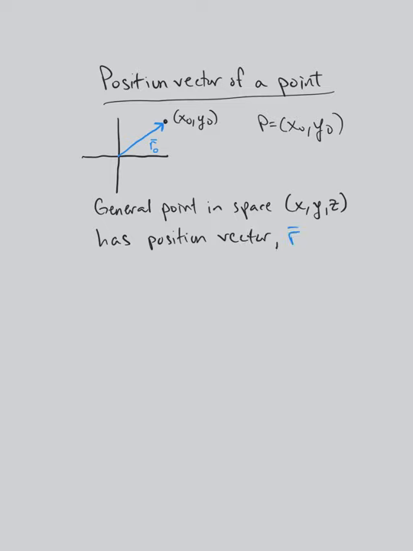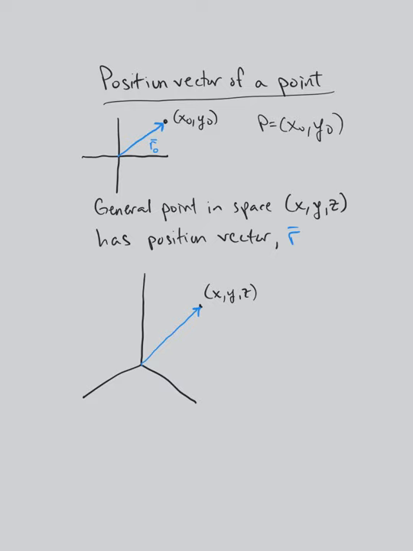All right, now in space what this would look like is you have this point x, y, z in space, like that, so its position vector would start at the origin and go out to that point. Now I might have a specific point x naught, y naught, z naught too.